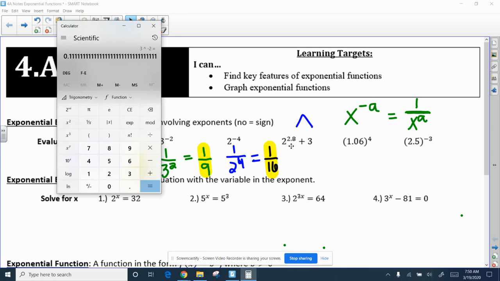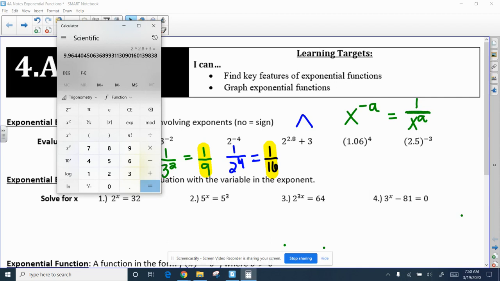So this one is 2 to the 2.8 power plus 3. Only the 2.8 is in the power. So I'm going to enter that on this particular calculator as 2, here's the power, 2 to the 2.8 power, and then add 3. So it does 2 to the 2.8 and then adds 3. And I get 9.96. Obviously, this is a repeating or never-ending decimal, so I'm just going to approximate to, we'll say, 2 decimal places.